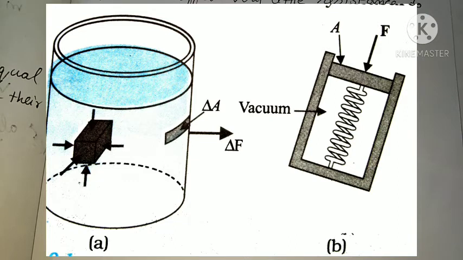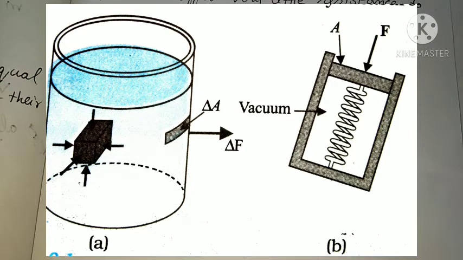Then the second figure, figure B, shows a pressure measuring device. It consists of an evacuated chamber with a spring. That spring is calibrated to measure the force acting on the piston. The device is placed inside the fluid. So the inward force exerted by the fluid on the piston is balanced by the outward spring force, and it is measured by that calibrated spring.